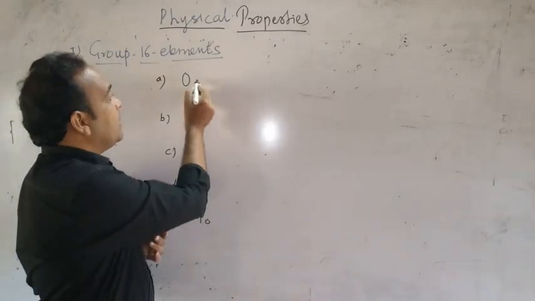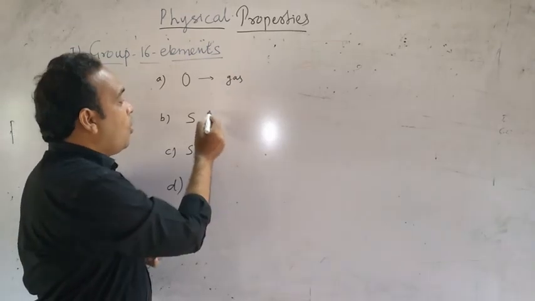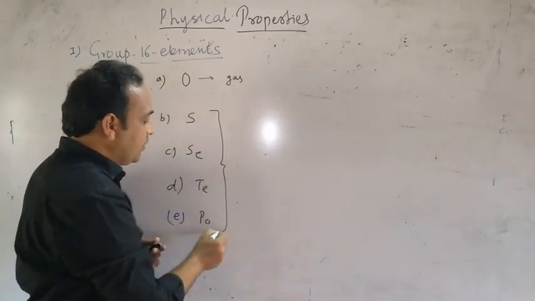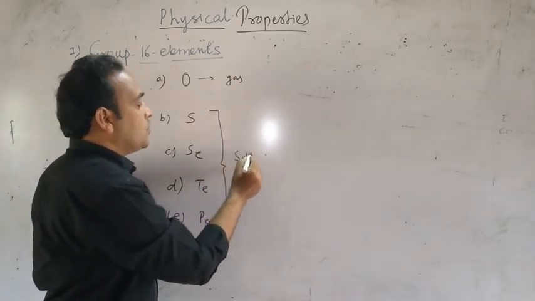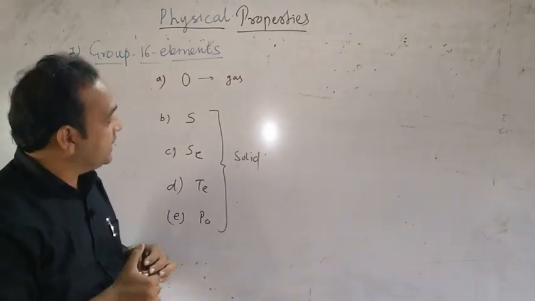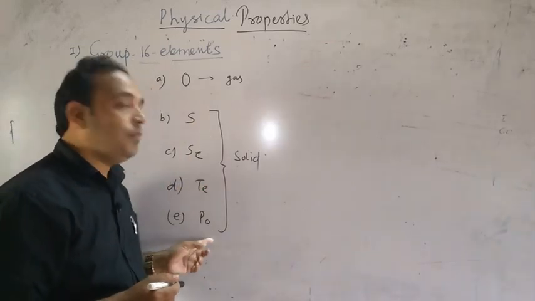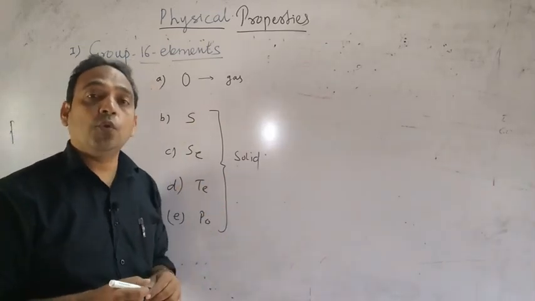Now here oxygen is a gas and all other elements of the group are solid at room temperature. Our first point: oxygen is a gas and all other members of the group are solid at room temperature.